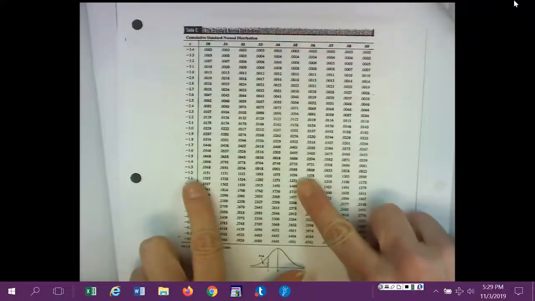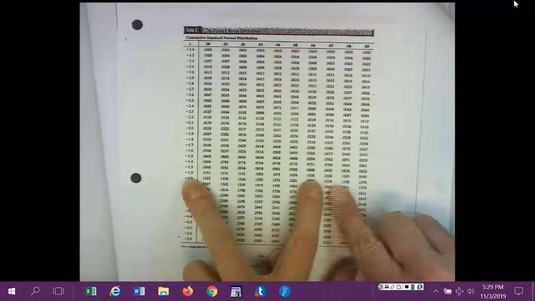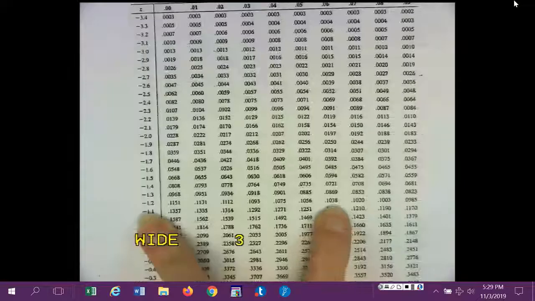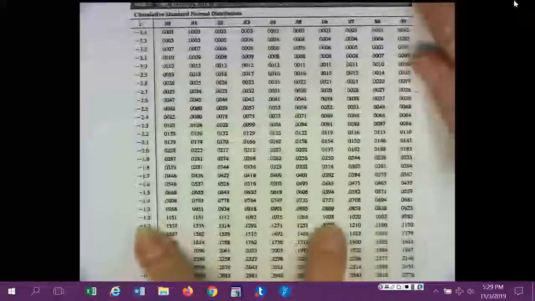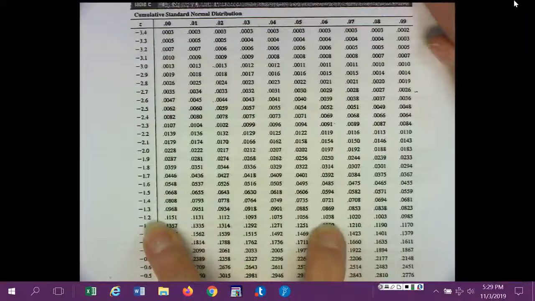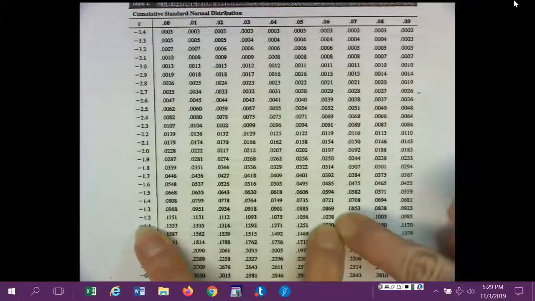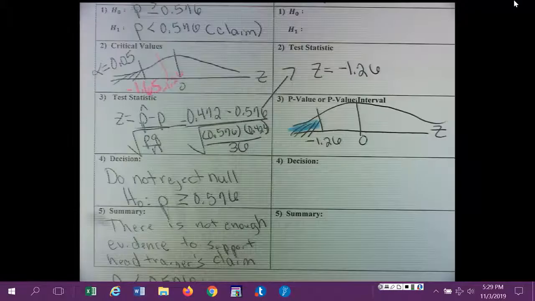And I get 0.1038, negative 1.2, 0.1038. Do not double.